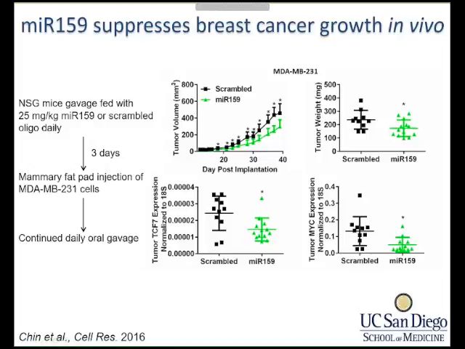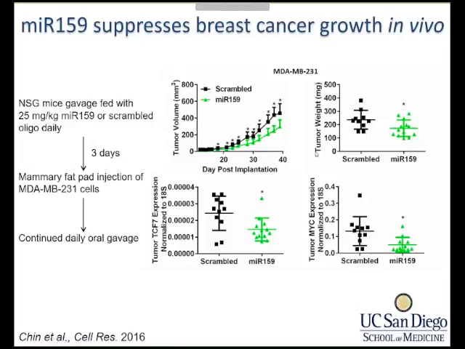Okay, so we did the same thing this time in mice by first oral gavage with miR-159 mimic, and then we started the tumor cell transplantation into the mammary fat pad and continued the feeding of miR-159.